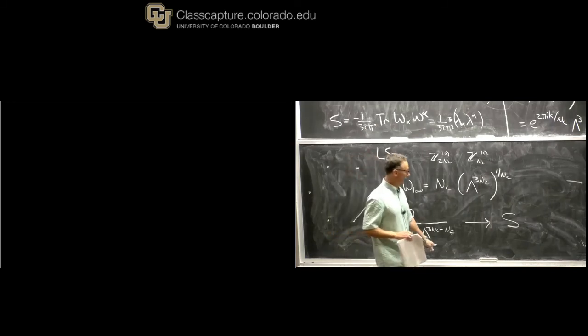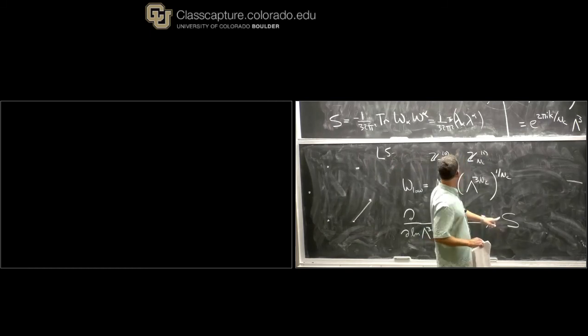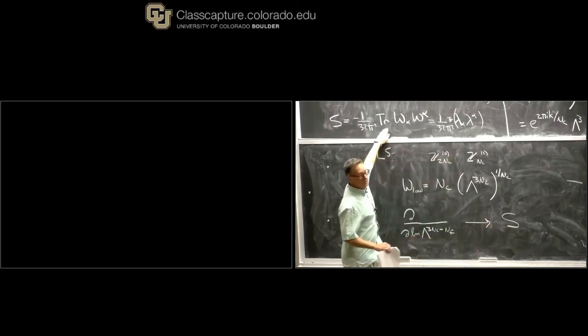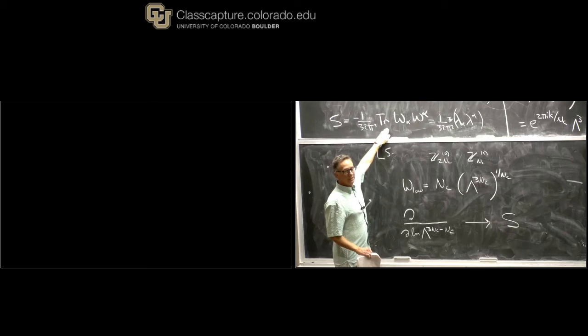And 1 over g squared in the action is the coefficient of this operator S. So if we write down in the action, this thing appears as the gauge kinetic terms. Its coefficient is 1 over g squared.